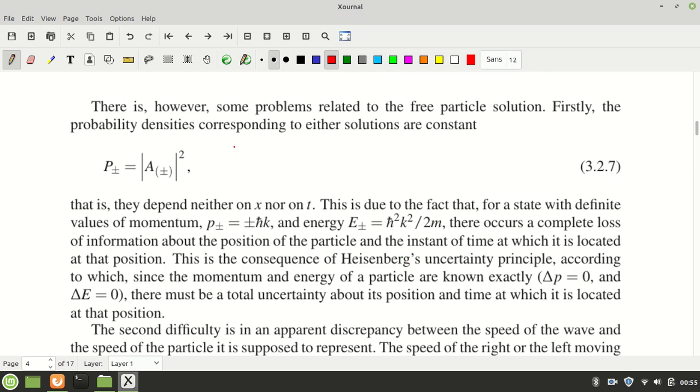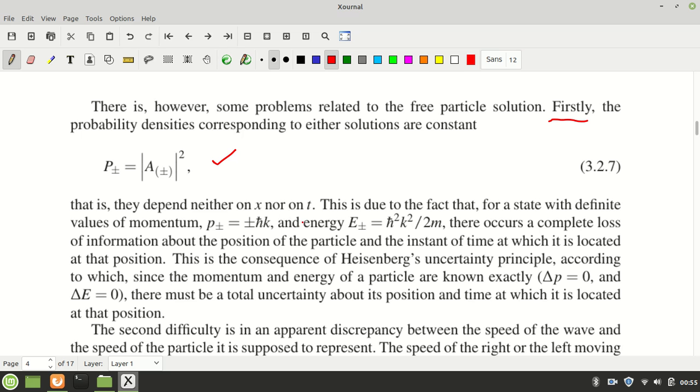Now the problem looks very easy and we have solved it quite successfully, but at the same time some difficulties arise. The first difficulty is that the probability density corresponding to either solution, that is for the wave traveling along the positive x direction or the negative x direction, is mod A square. So that is independent of time and position.